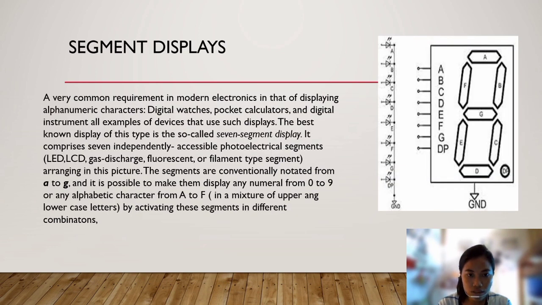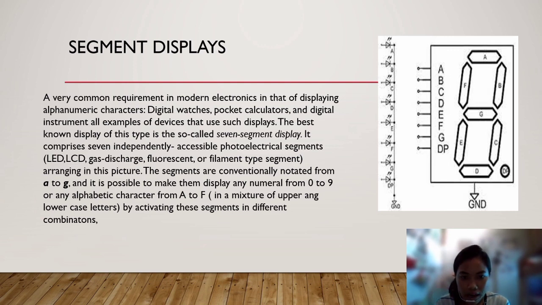Segment displays. A very common requirement in modern electronics is that of displaying alphanumeric characters. Digital watches, pocket calculators, and digital instruments are all examples of devices that use such displays. The best known display of this type is the so-called seven-segment display. It comprises seven independently accessible photoelectrical segments, LEDs, LCD, gas discharge, fluorescent, or filament types of segments arranged in this pattern.